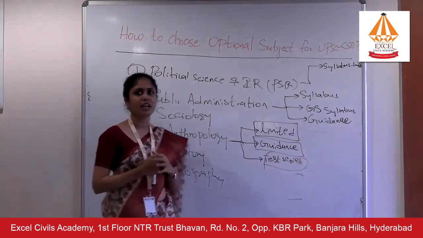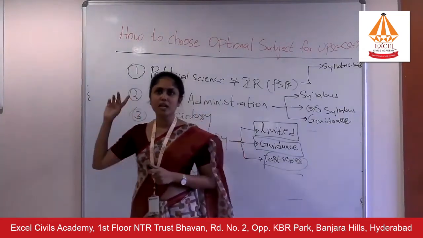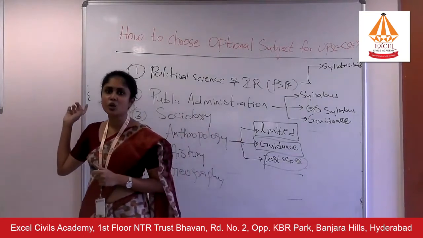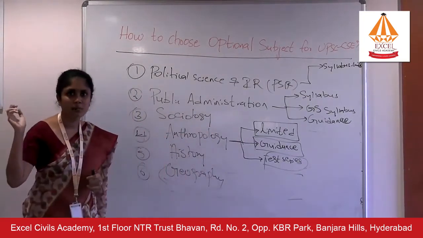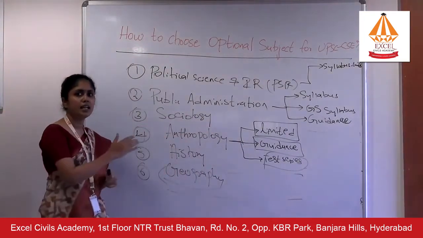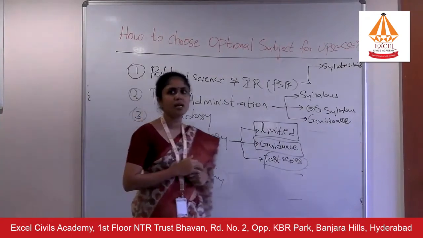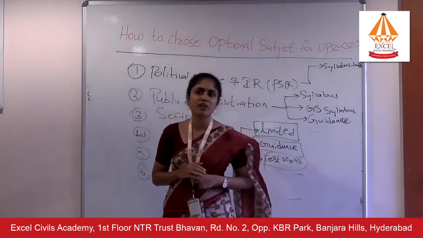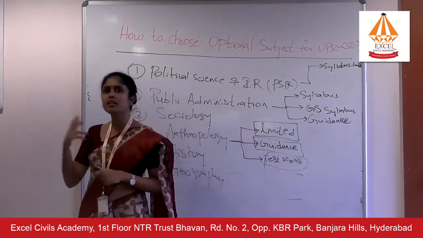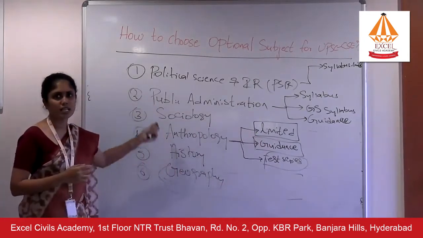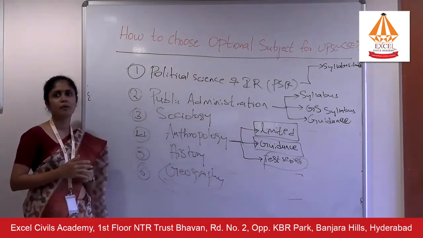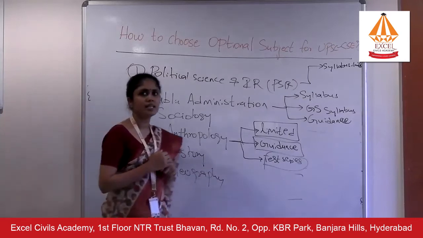We do not take our graduation seriously, which is why many aspirants, even after doing masters and bachelors in chemistry, physics, mathematics, come and choose social science optionals because they did not prepare very well in their graduation, right? Another factor is that these social science optionals have a lot of overlap with their general studies syllabus.